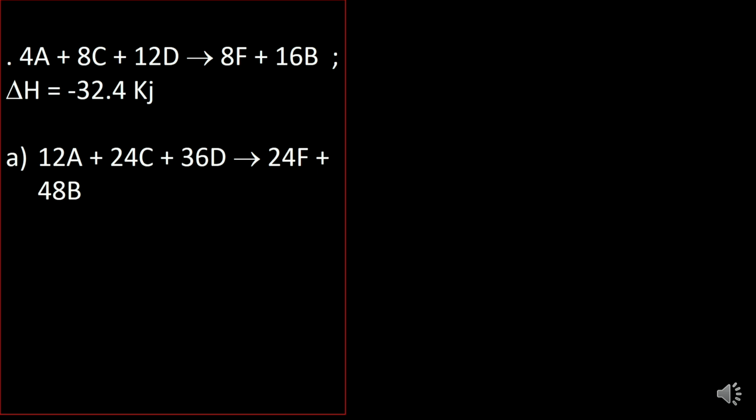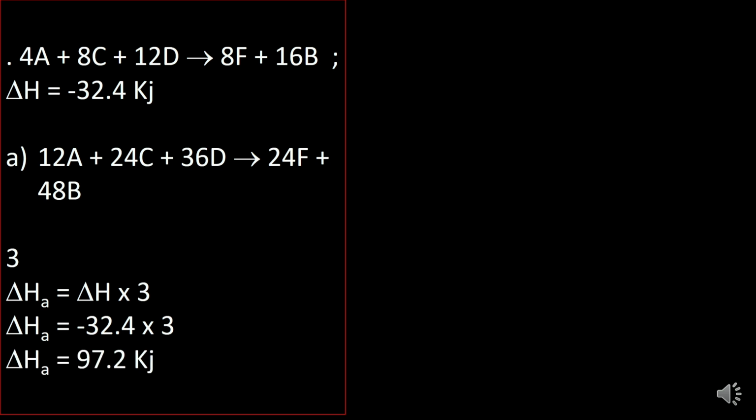If you look at this expression very well, if you multiply the general equation by 3, we're going to have what we're given as question A. So the enthalpy change is going to be 3 times the enthalpy of the general expression, which gives minus 32.4 times 3, which is minus 97.2 kJ.